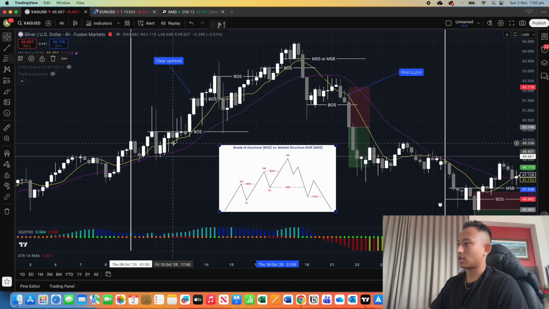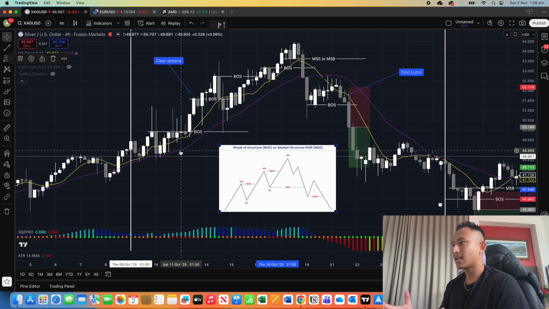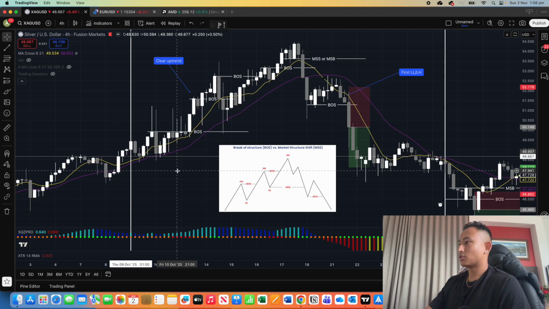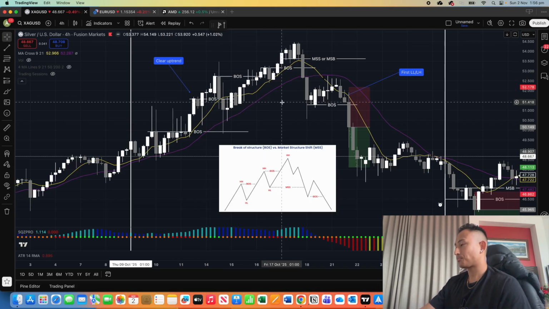So these colorful lines here, the yellow is the 9 moving average, the purple is the 21 moving average, and this is just a short-term, medium-term trend indicator. So you mark out key levels. For instance, here you would have marked that out as the breaker structure level. Once you broke that structure, you could have taken a long, and again here, and again here, and again here as well.